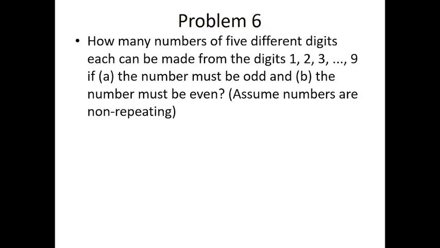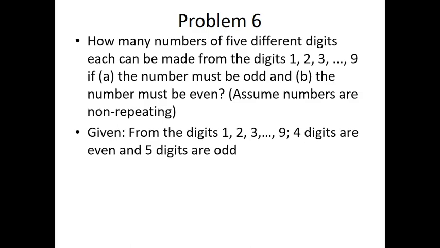Okay, so how will we solve the problem here? So given from the digits 1 to 9, 4 digits are even and 5 digits are odd, right?